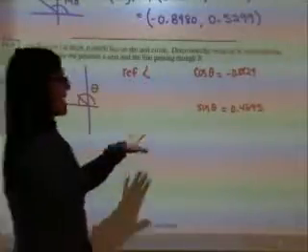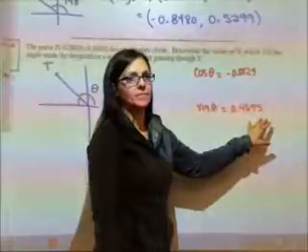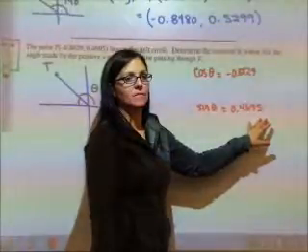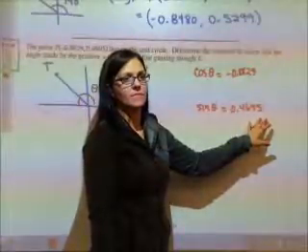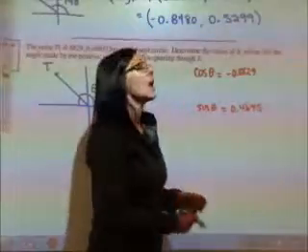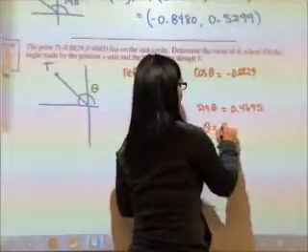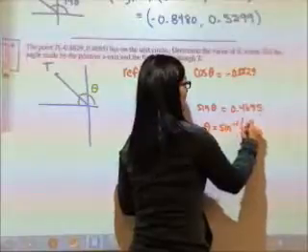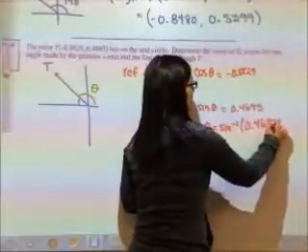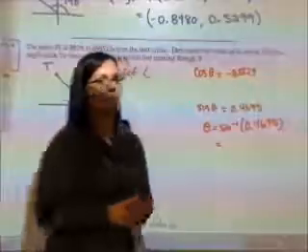How would I find out theta given the ratio? I would do the inverse. And what do I get?